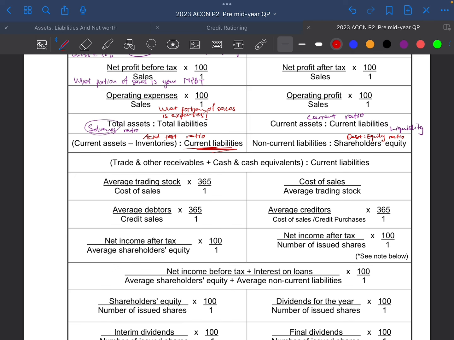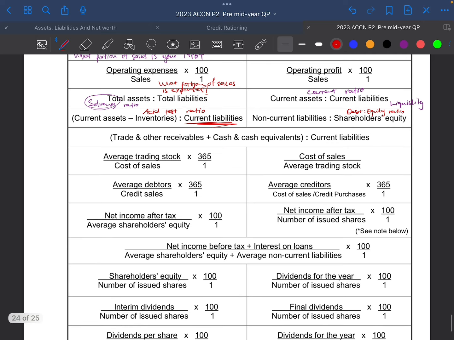It tests the degree of financial risk and how the business is financed. If it is high, then that's where you know that the business is high risk, and they use more loans to finance the business. So it just compares what the business has as equity and the non-current liabilities. Okay, so that is your debt equity ratio.